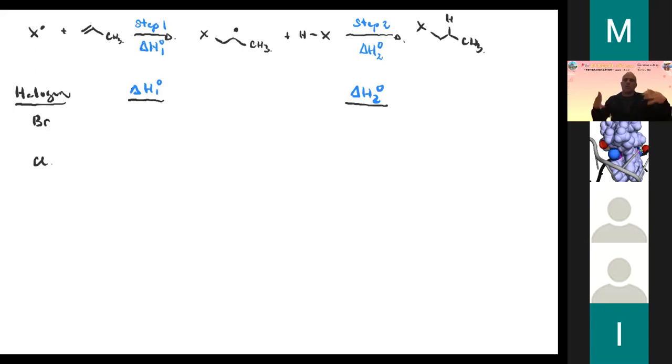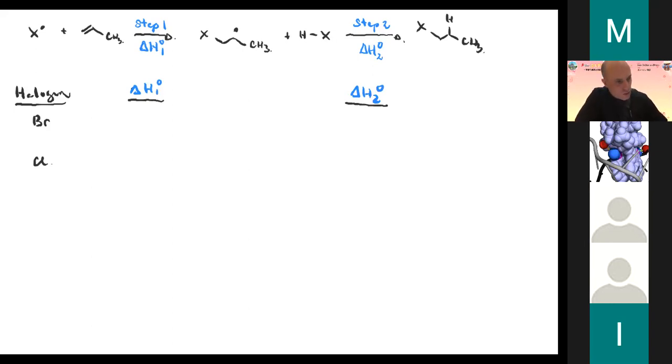And just like in our overall reaction calculation, to do this for the individual steps, we're going to just constrain our analysis to the bonds that are breaking and making in that step.